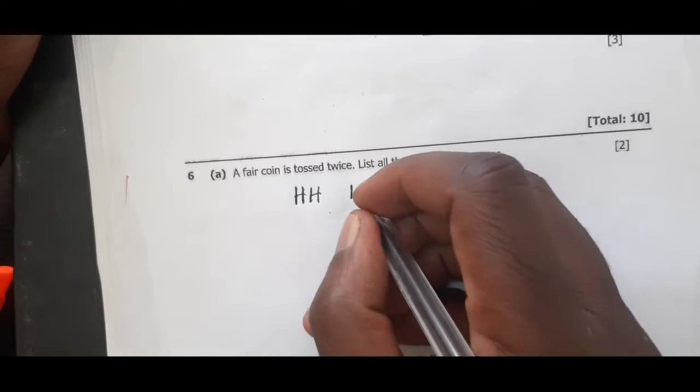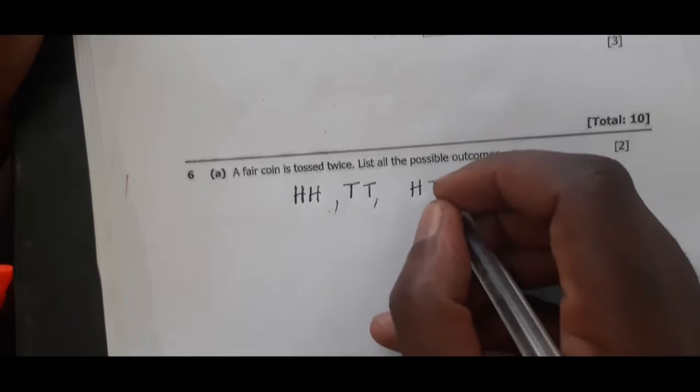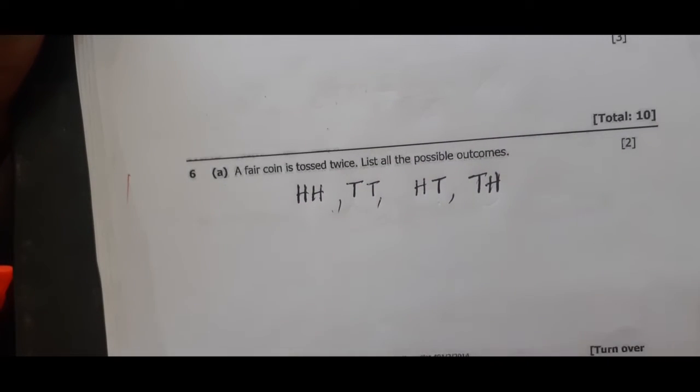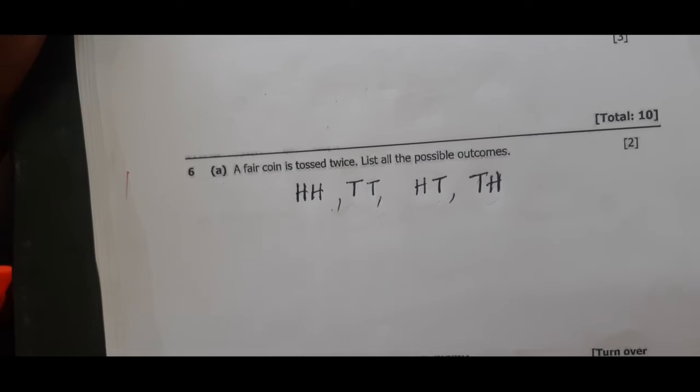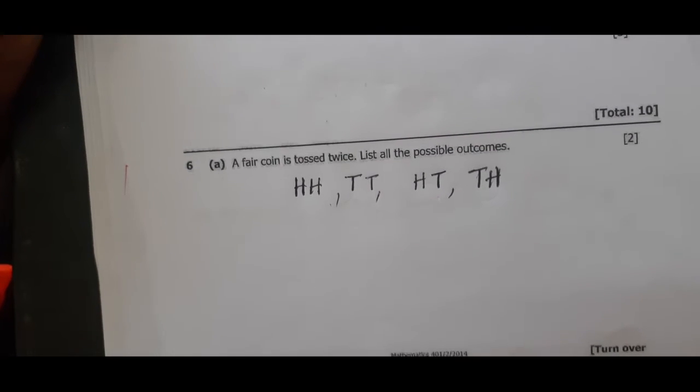The other one can be tail and tail. Then we can have head and tail, or we can have tail and head. These are the possible outcomes that we expect. That's all. This is what we are expecting.